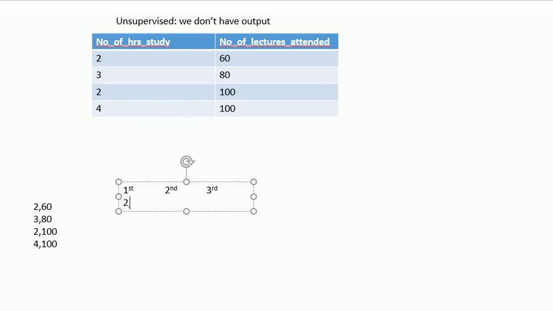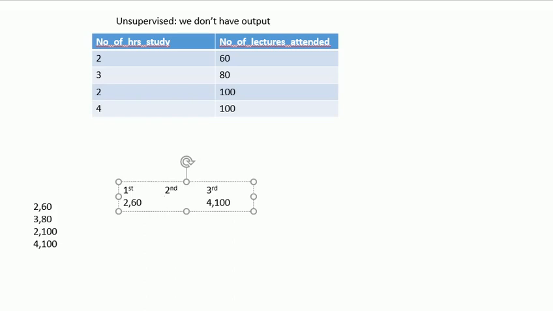I can see that 2 60 is the smallest, so I'll put it here. And then we have 3 80, 2 00 and 4 00. So 4 00 is obviously quite large, so I'll put it at this particular place. And then I have 3 80 and 2 00 left.